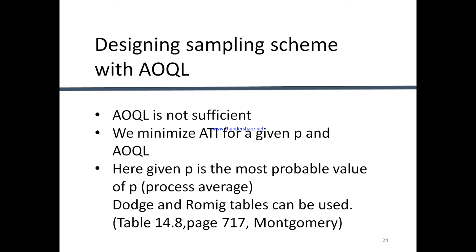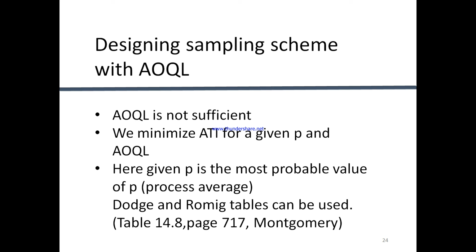Because it's time consuming and very costly, so we have to minimize the number of items we inspect for a given P and for a given AOQL value, that is for a given proportion of defectives and a given average outgoing quality level.